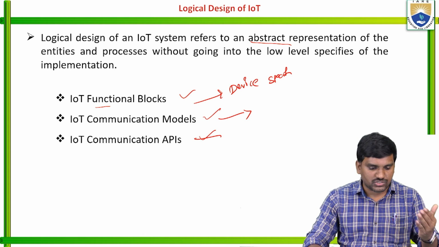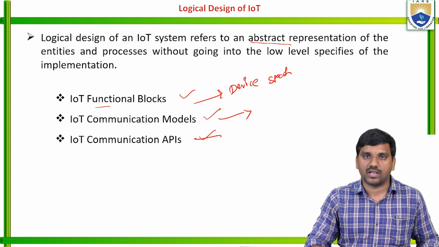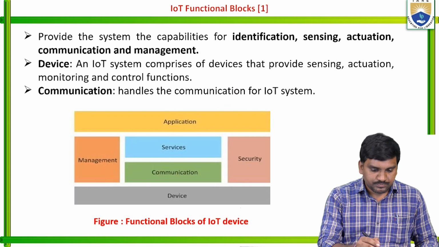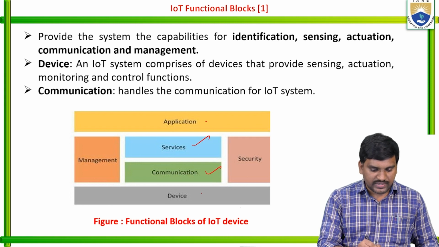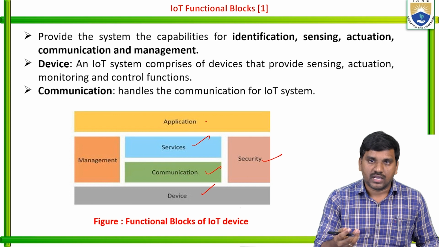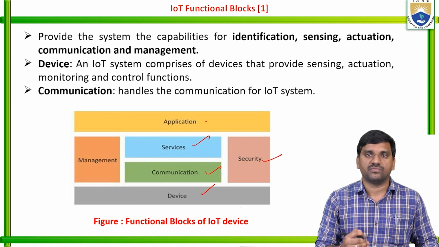Let's move on to the first type of logical design of IoT, that is the IoT functional block. The IoT device has different types of specifications and blocks. The blocks are application, services, communication, device, and security. Which type of protocols and which type of security can it provide for us?